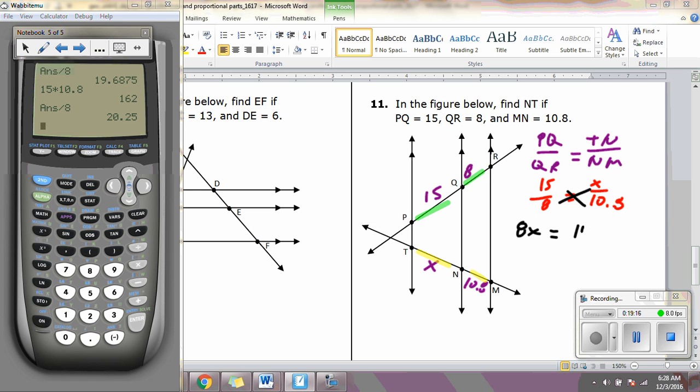So again, that was 162. So x is 20.25. In other words, NT is 20.25, since that's what x was in this problem.